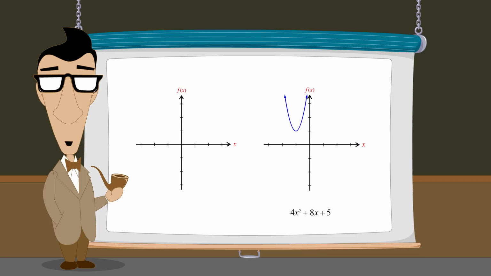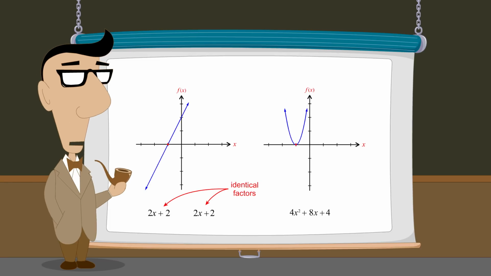But any quadratic function whose graph does intersect the x-axis, and therefore has real zeros, can always be factored into two real linear functions which may either be identical or distinct.